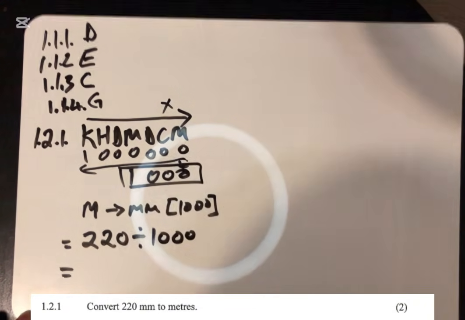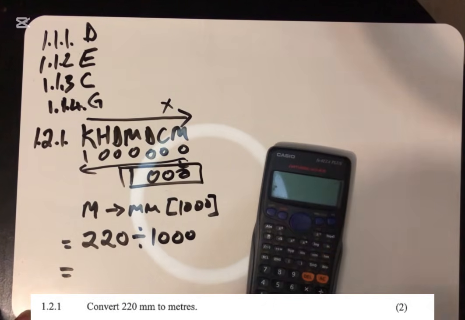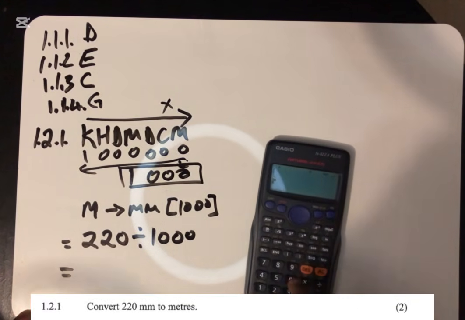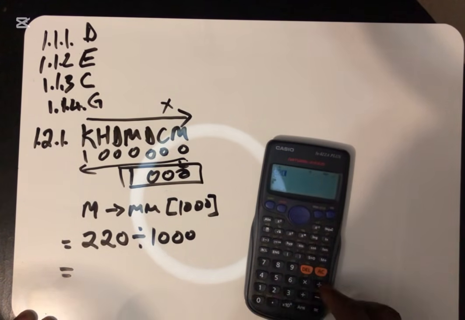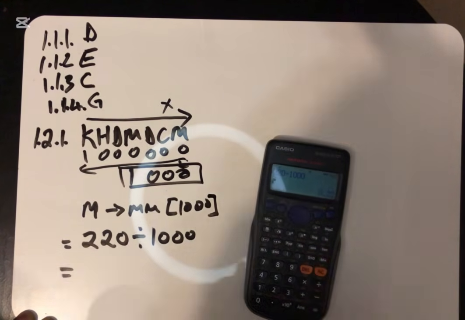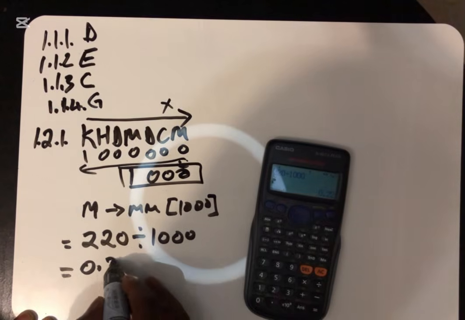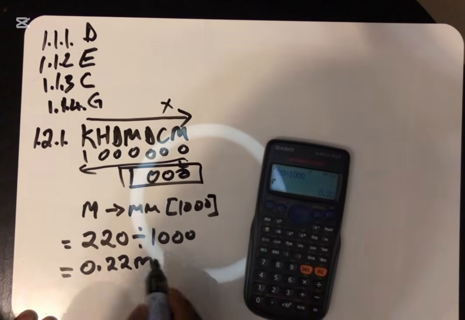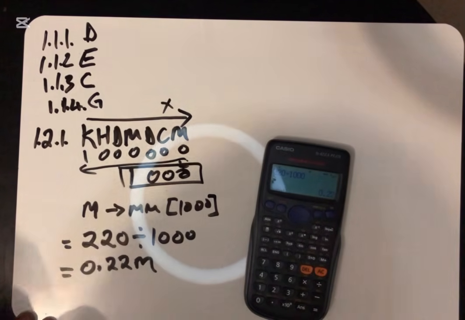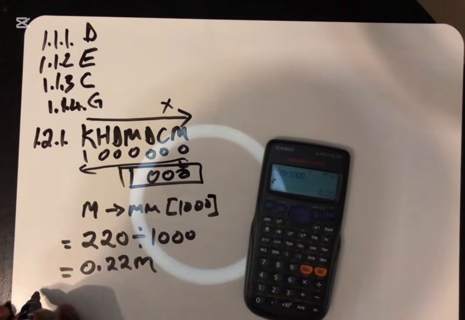We use our calculator: 220 divided by 1000. The answer here is 0.22 meters. Moving to the next question.